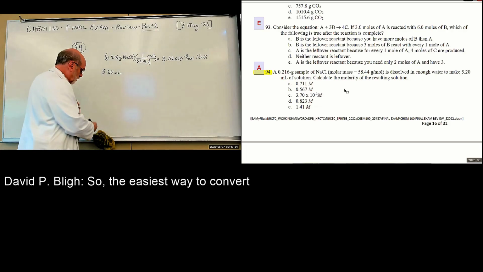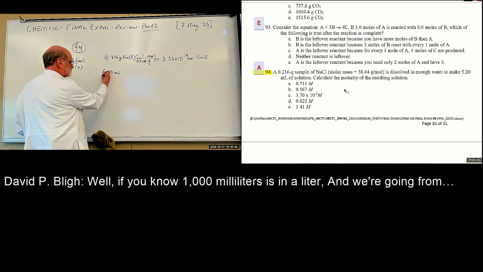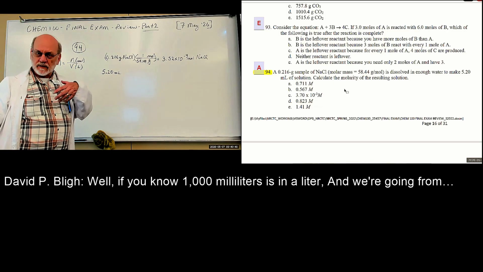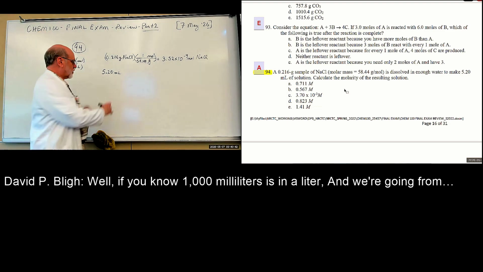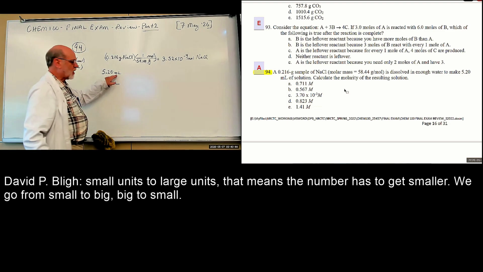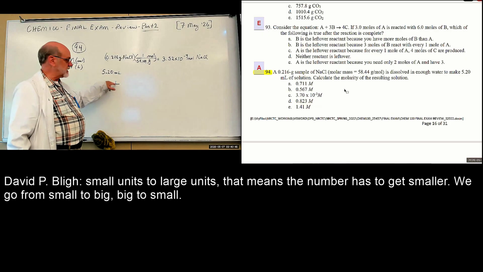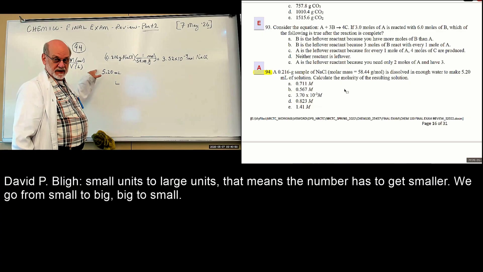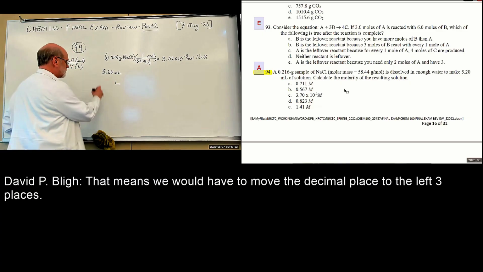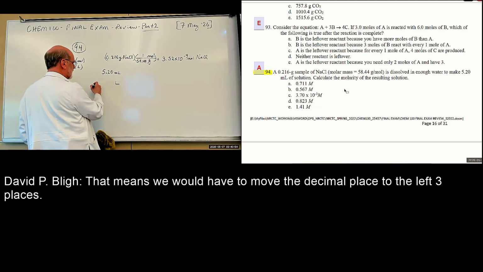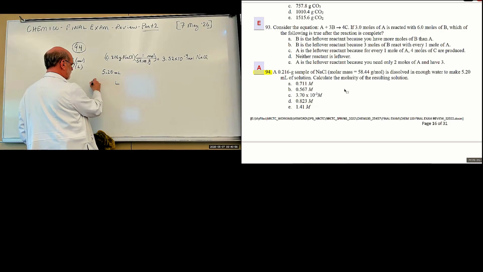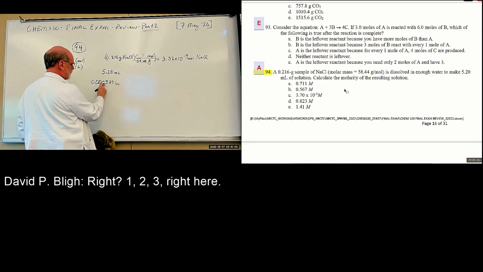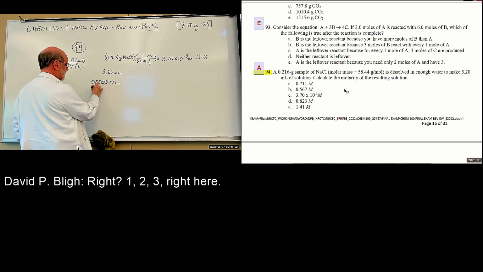So the easiest way to convert, well, if you know 1,000 milliliters is in a liter, and we're going from small units to large units, that means the number has to get smaller. We go from small to big, big to small. That means we would have to move the decimal place to the left 3 places. Right? 1, 2, 3, right here.